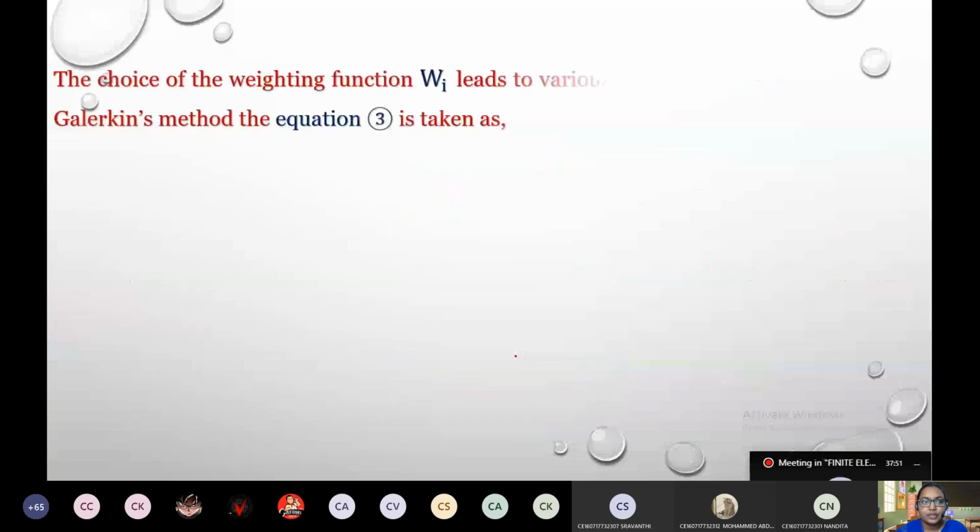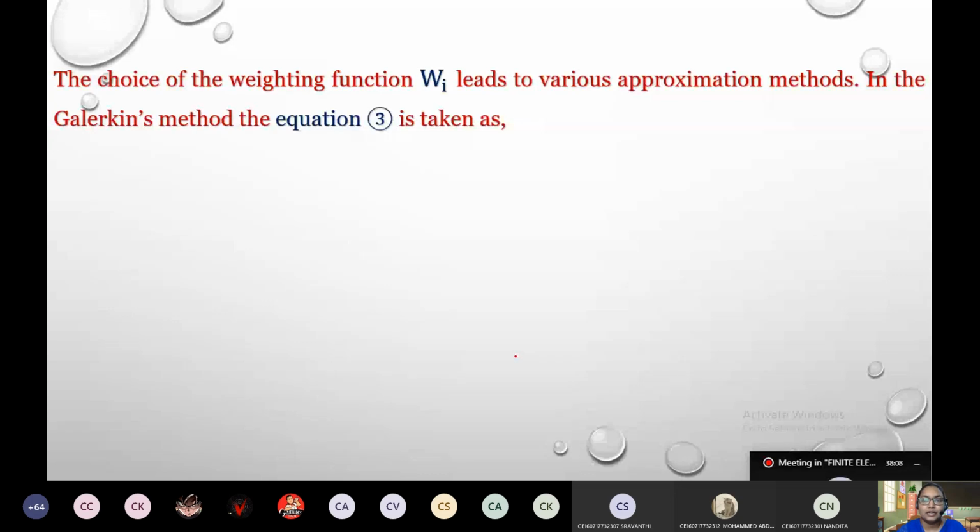Now see, I have mentioned that to find out the residual, certain weighting functions are taken into account. How do we choose this weighting function?